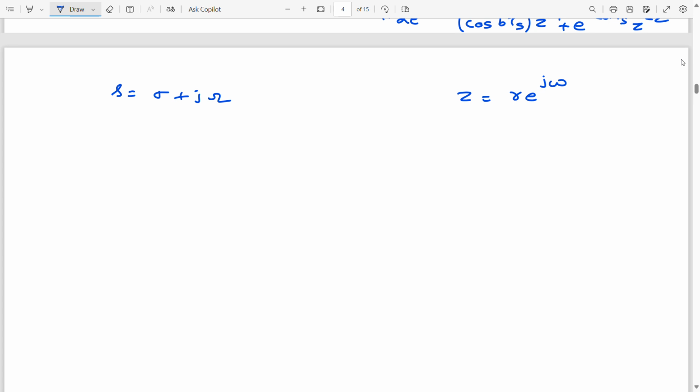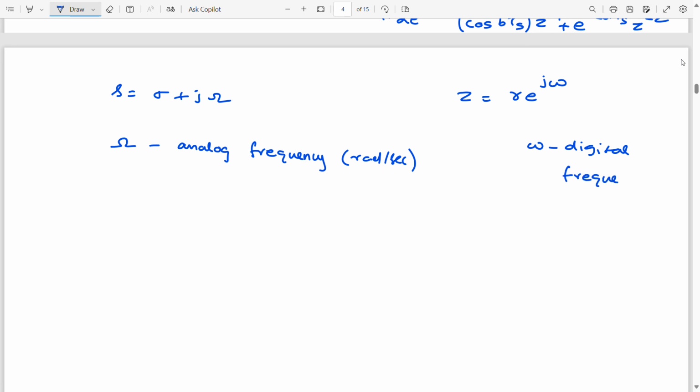So sigma decides the stability of the pole, and omega is the analog frequency measured in radians per second, and here omega is represented by digital frequency, which is also a measure of radians per second.